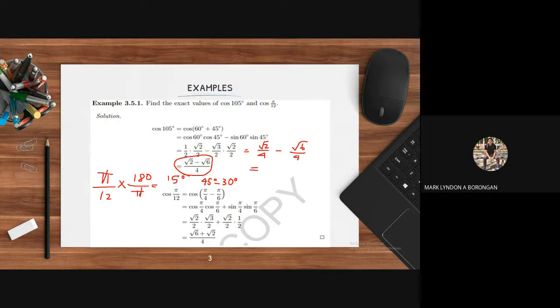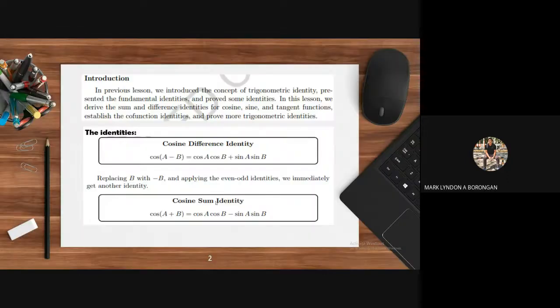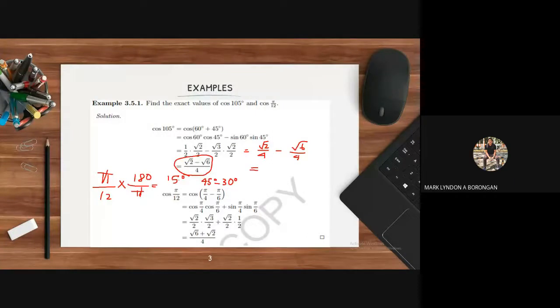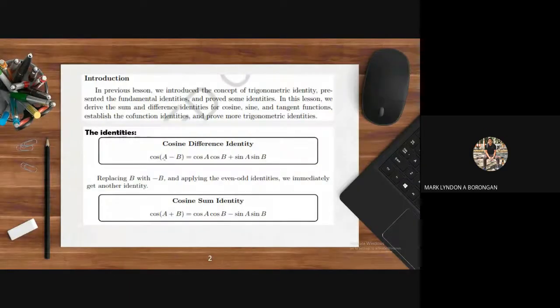So, this is where we apply the cosine difference identity. Since it is a difference, we subtract, so we use the difference identity here.